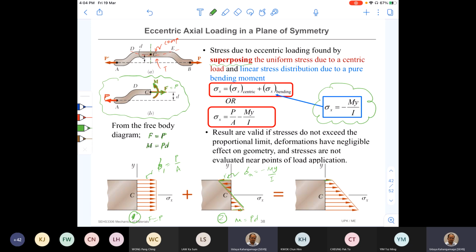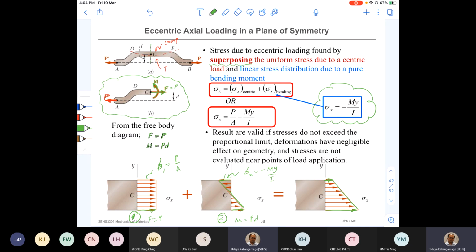So that is why there is smaller stress on the top. And at the bottom, you can see in the first case it is tensile, and the second case also tensile. So once you add them together, more tensile, the size of the stress is higher. So finally, we get this kind of resultant distribution.